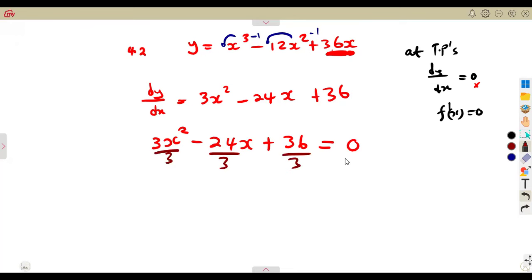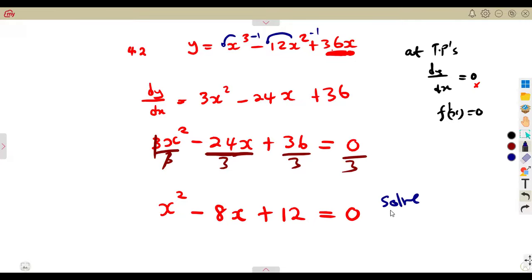Each and every term can be divided by 3. So 3 and 3 cancel, and that gives x squared minus 24 divided by 3, that's minus 8x, and 36 divided by 3 is plus 12, which is equal to 0. Solve this equation with any means that you can.